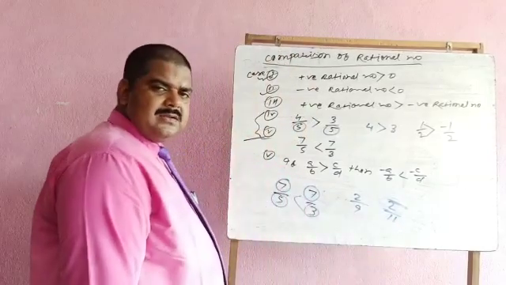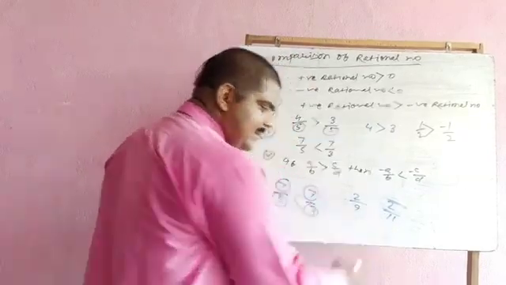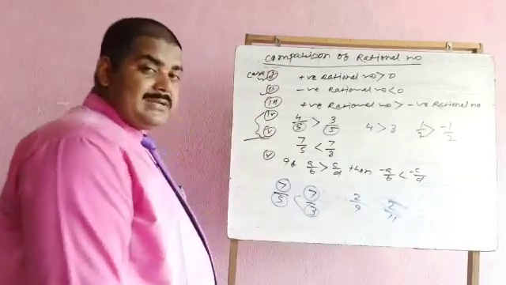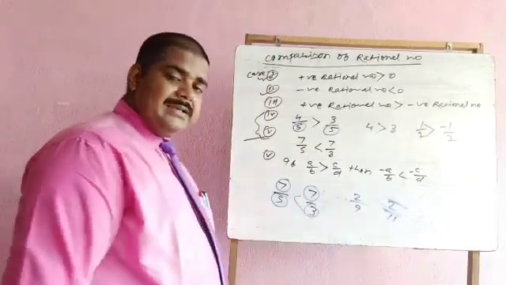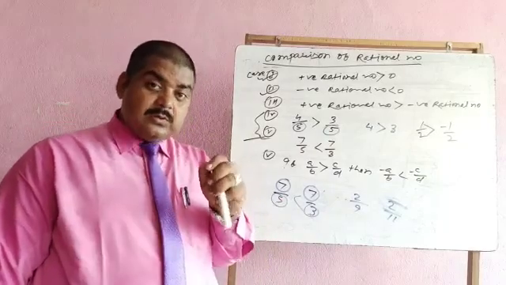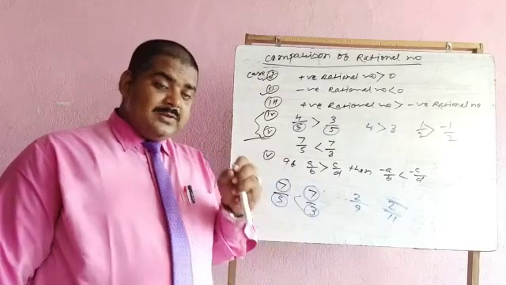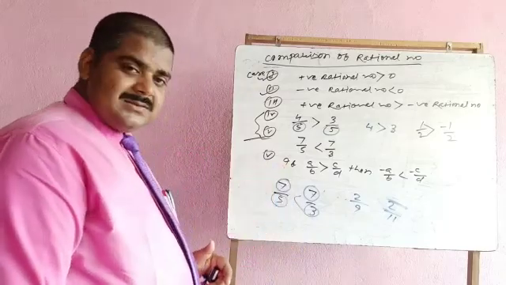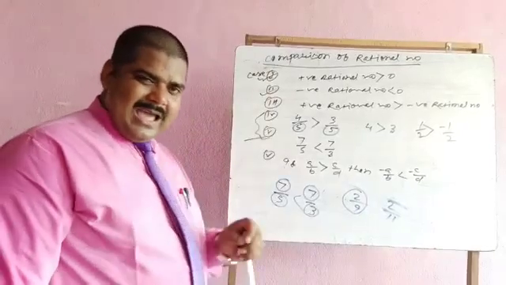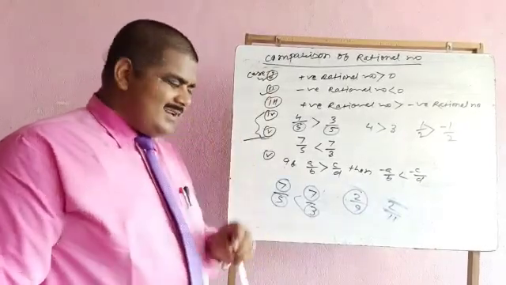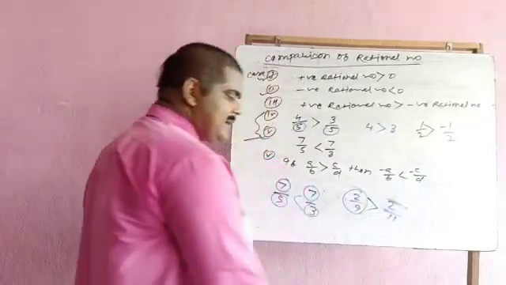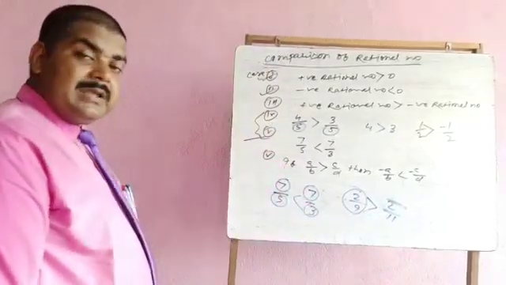Which one is greater? You know that 11 is greater than 9. 9 is smaller. So by the rule, when the numerator is the same, the one whose denominator is smaller is greater. Actually 2 upon 9 has a lesser denominator, so it must be larger than 2 upon 11.